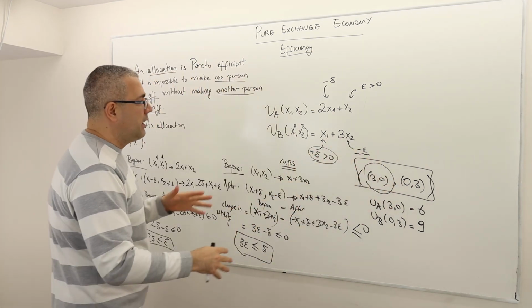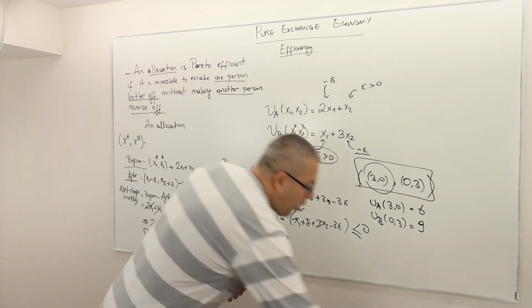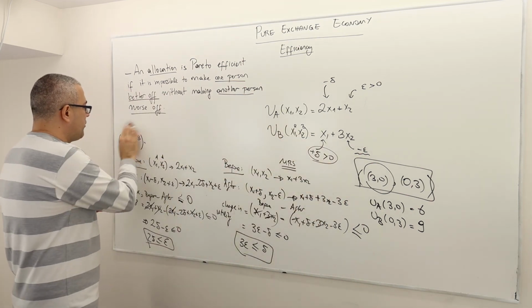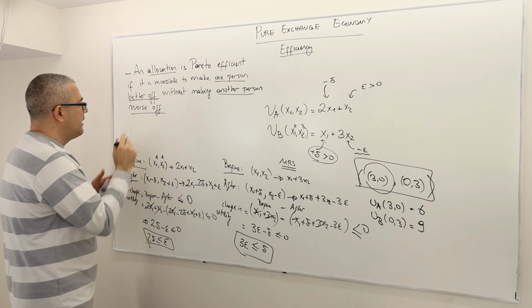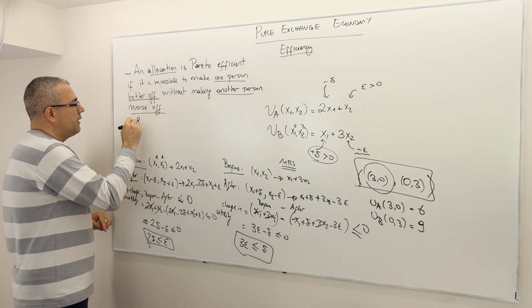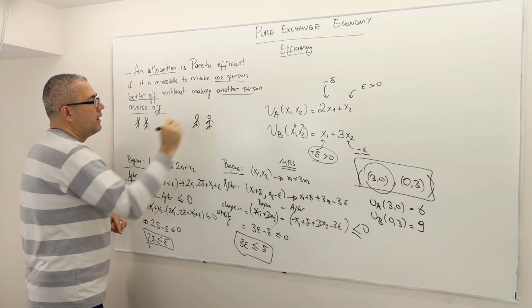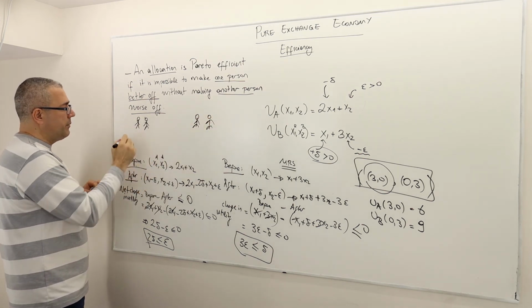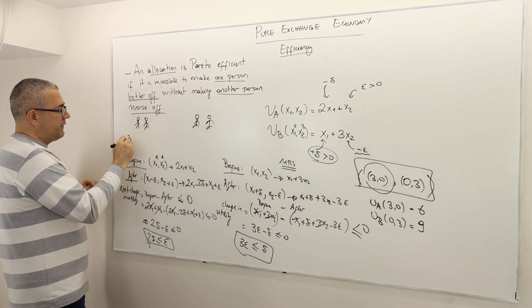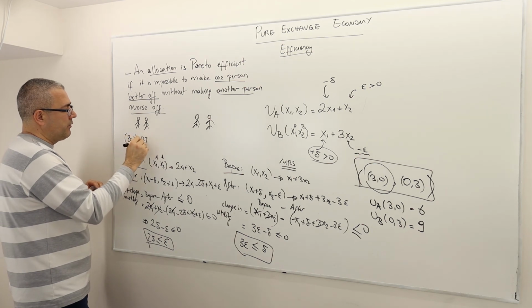Remember, we are always comparing when we check whether an allocation is efficient or not. So this is Bob and Anita, two scenarios. The first scenario is 3, 0 and 0, 3.